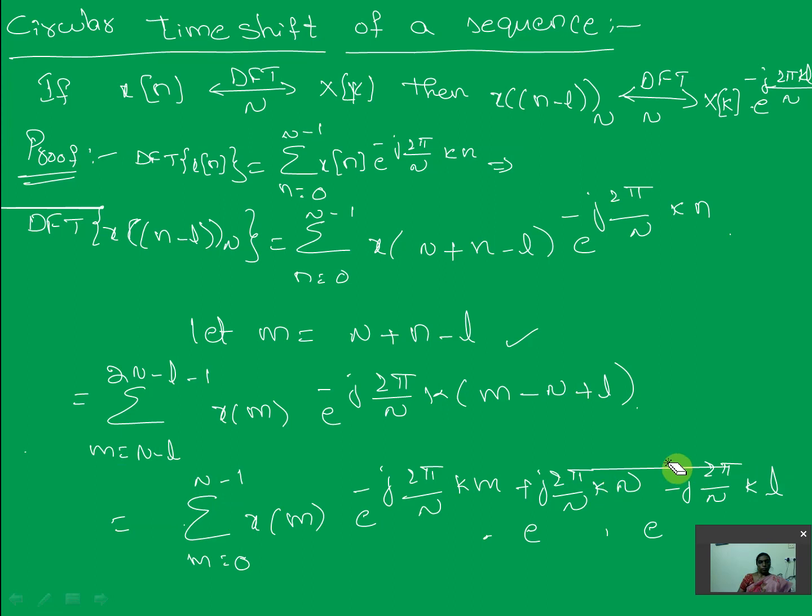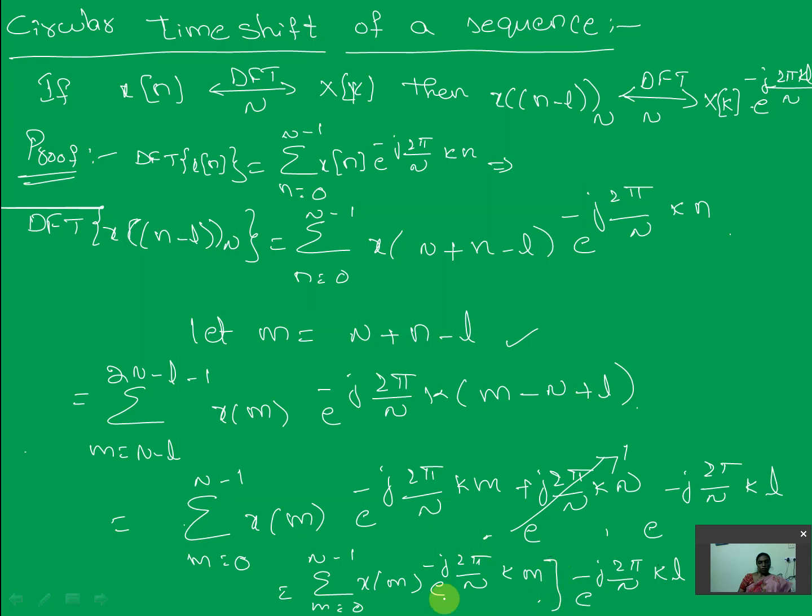So now this is equal to summation m = 0 to N minus 1 x of m e power minus j 2 pi by N k m into e power minus j 2 pi by N k into L. The second factor is independent of the variable m, so keep that one outside.